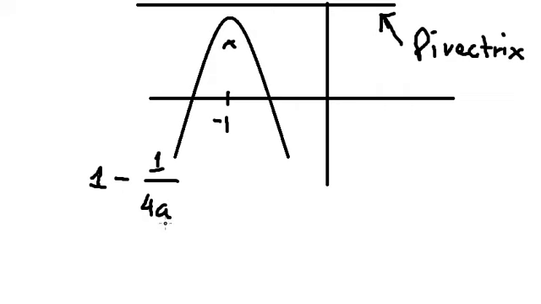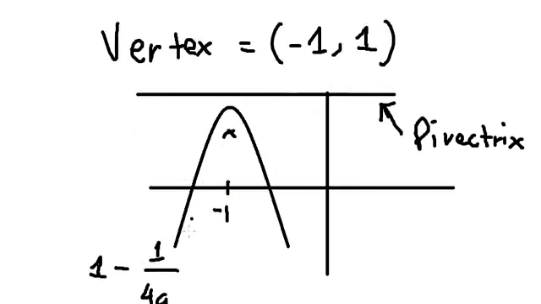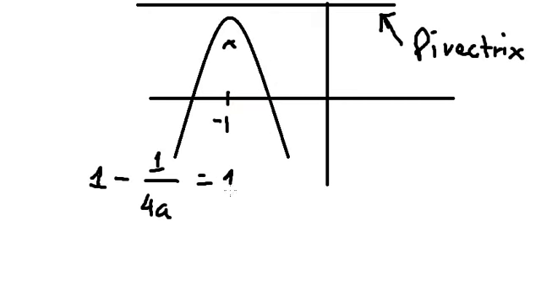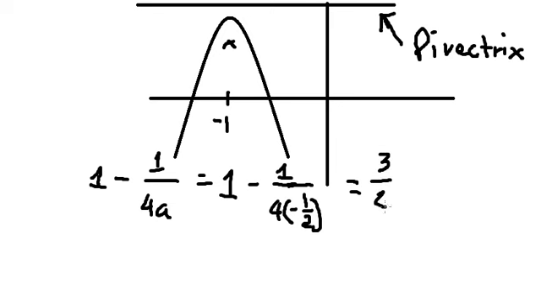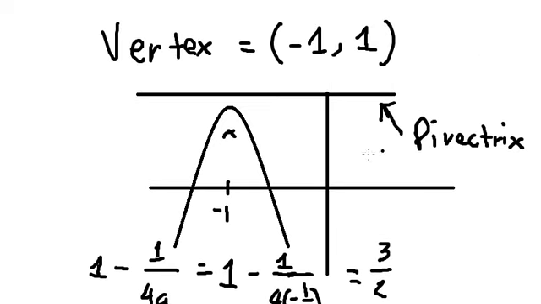A is the coefficient of x squared. We get 3 over 2. So the directrix of this one is y equals 3 over 2.